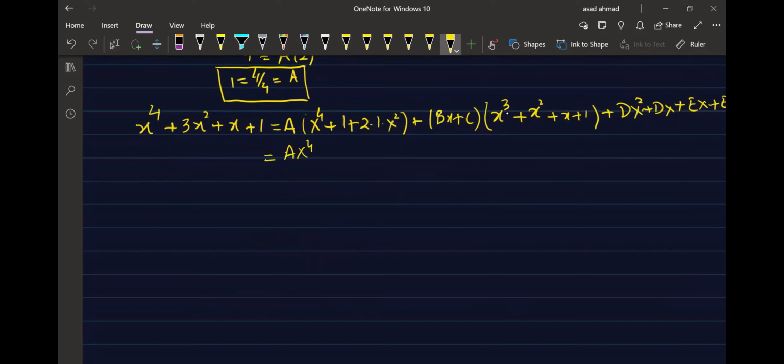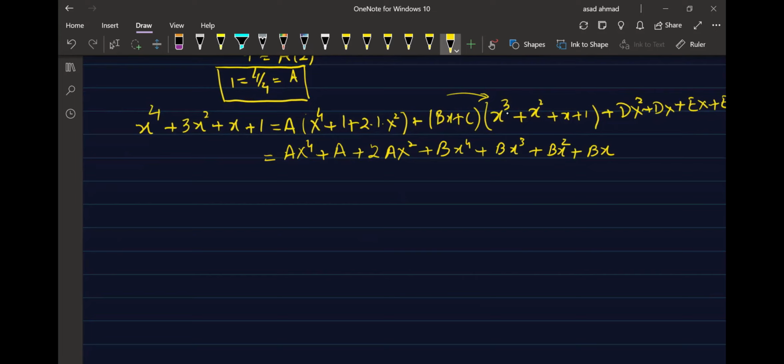Now we need to multiply a inside: ax raised to power 4, a plus 2ax square. Now bx will be multiplied with all the parts inside this bracket. So it will make it bx raised to power 4, bx raised to power 3, bx square, and bx only.